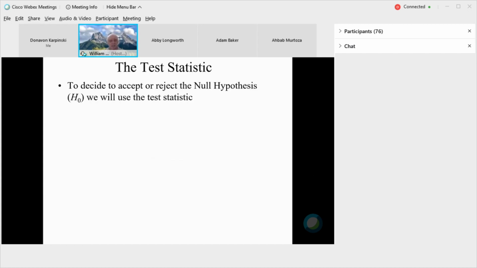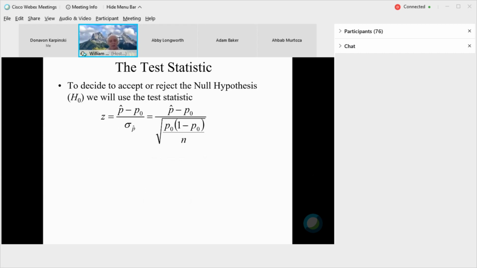To decide whether to reject the null hypothesis or not, the test statistic we use is P hat, standardized when H0 is true. When H0 is true, the mean of P hat is P naught. The standard deviation of P hat is the square root of P naught times 1 minus P naught over n.